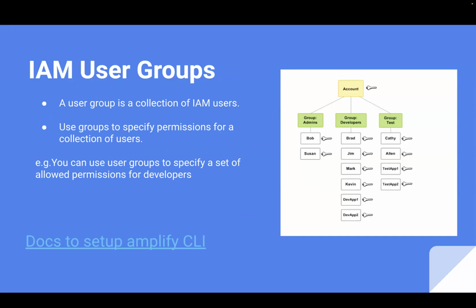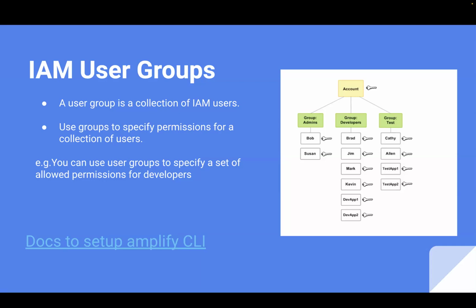Typically, we would want to have user groups for our different users. The reason why we would want to do that is that it can easily help us to specify permissions for the collection of users. For example, we can group users into different departments: finance, developers, DevOps, and then testing.